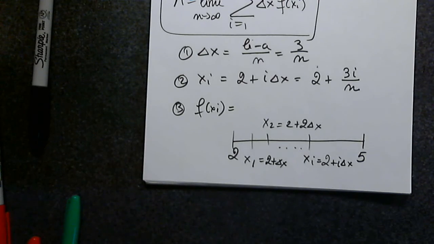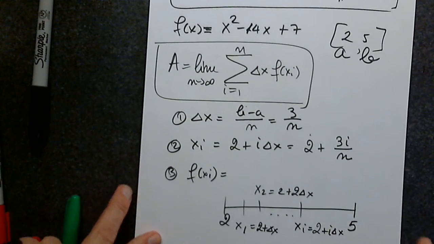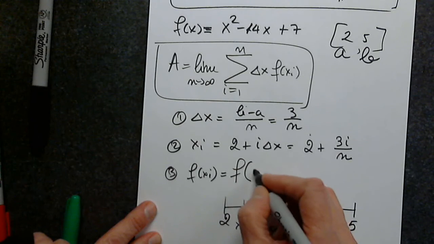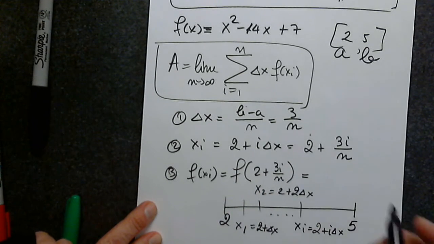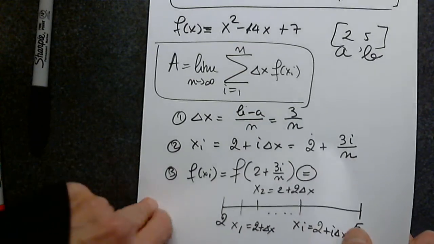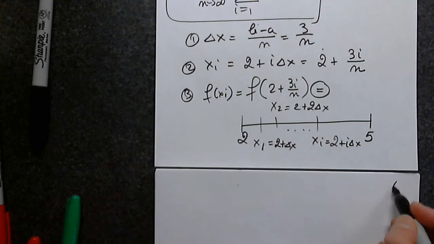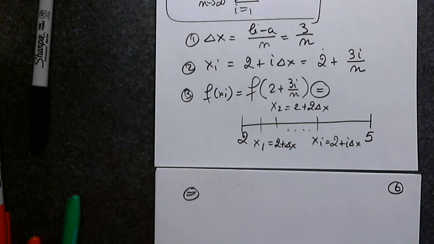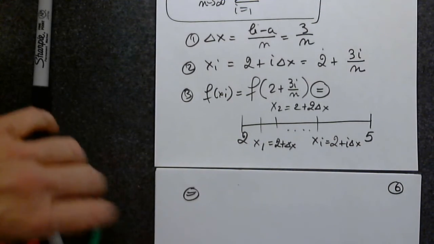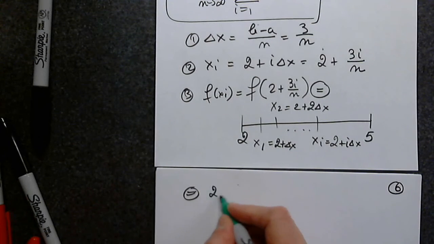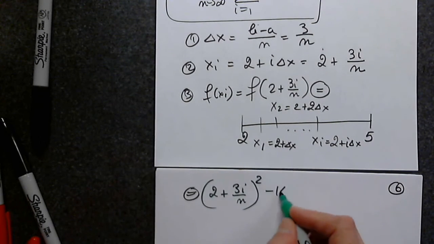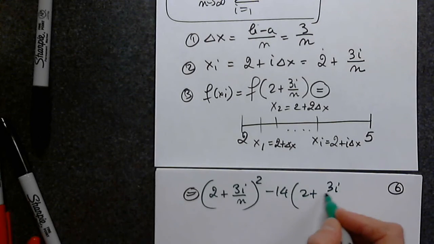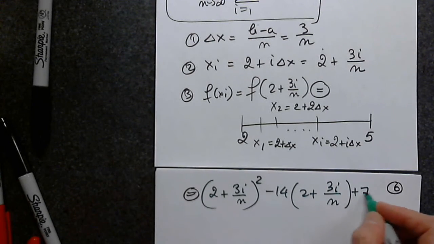Okay. So now f of xi. Can anyone present that? Well, it has to be f of 2 plus 3i over n. And as you already know, I will run out of room, so I should go to the next page anyway. So 2 plus 3i over n, everything squared, minus 14 times 2 plus 3i over n, plus 7.